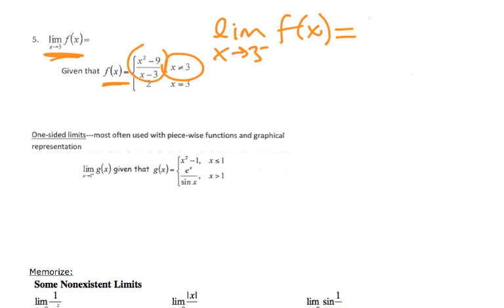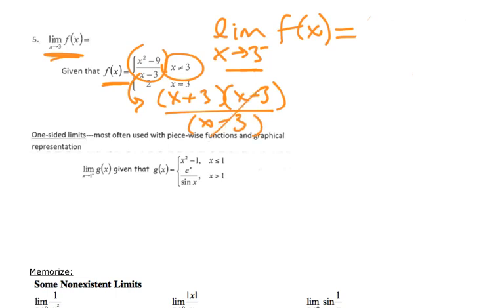If we plug 3 into that directly to approximate this limit, we're going to get 0 over 0. You're going to need to factor. This factors to x plus 3, x minus 3 over x minus 3. So these will cancel. So that means that this limit is really equivalent to x plus 3.